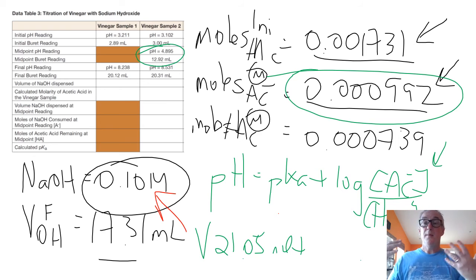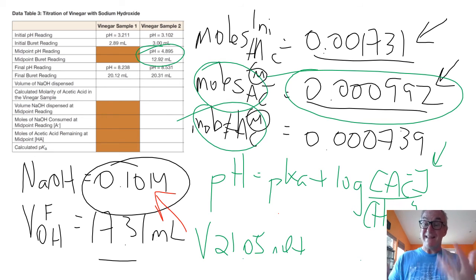We're dividing both numbers of moles by the same volume, so it doesn't matter. If we have moles or moles per liter, as long as the volume is the same top and bottom, we get the same ratio. Makes our lives a little easier.